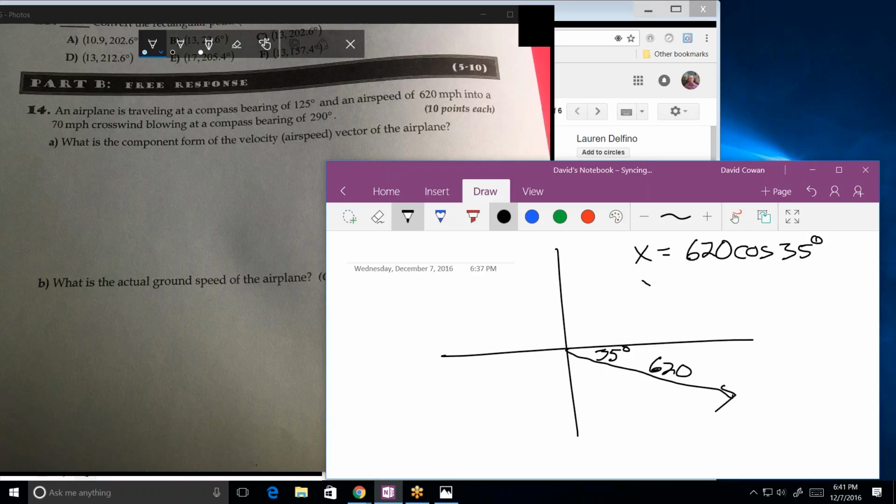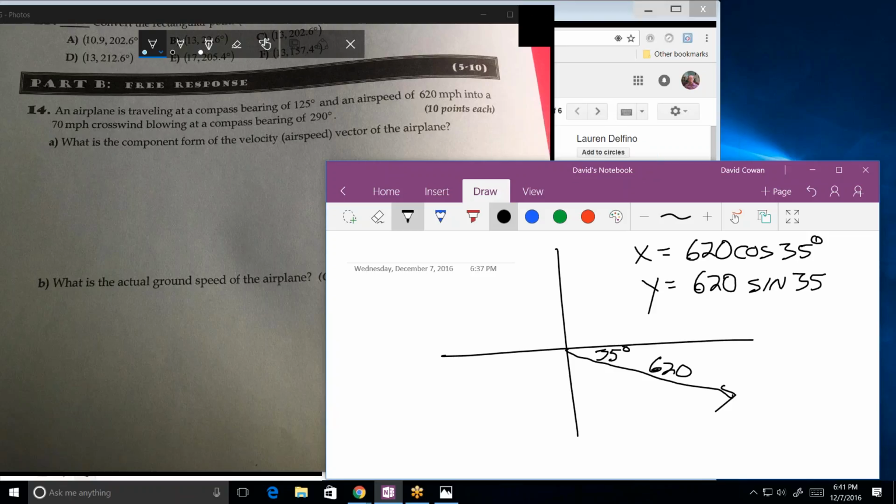Okay. Y component is 620 sine of 35, but the key thing here is that we know the y component needs to be negative, right? Yes, because y's are negative in quadrant 4. It's going down, yeah.